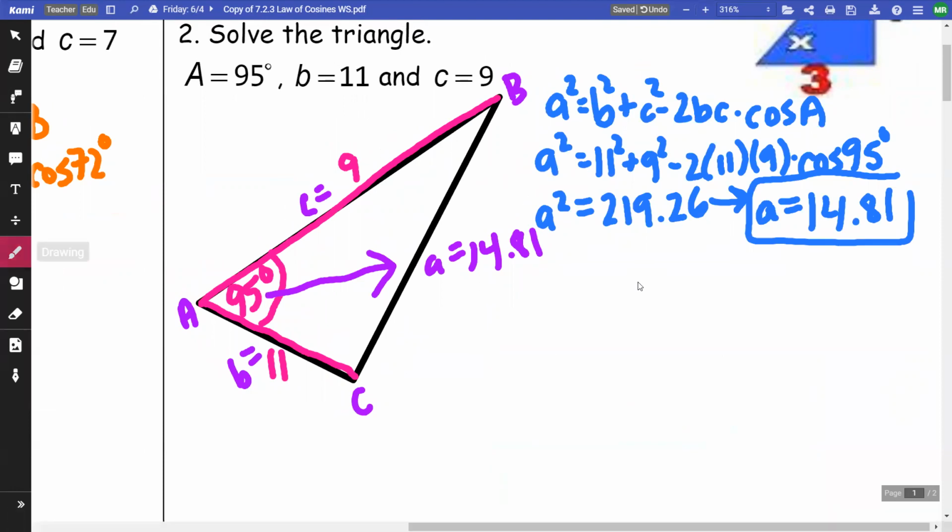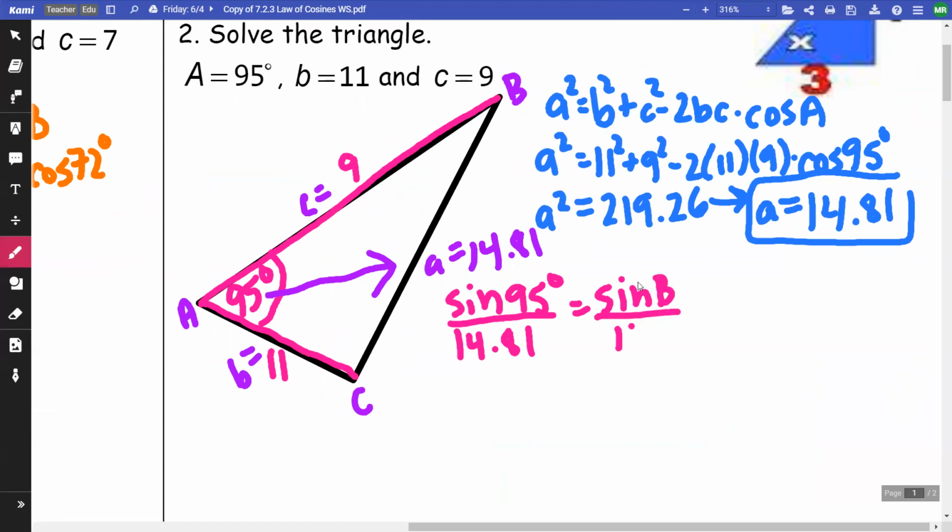I am going to use the two I know, which is angle A and side A. So sine of 95 degrees over 14.81 is equal to sine of angle B over the side opposite that, which is 11. I'm going to cross multiply, so I end up getting 14.81 sine B equals 11 sine 95.